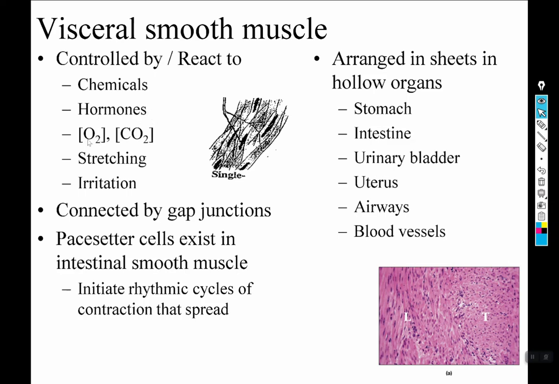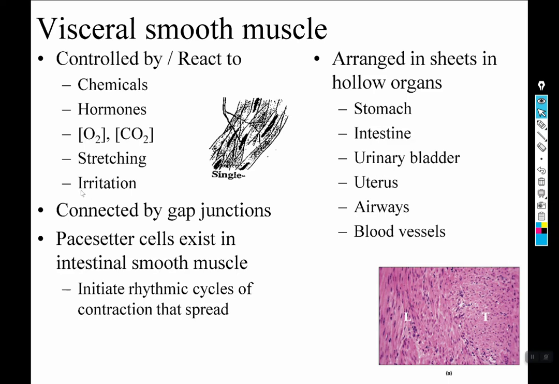The concentrations of oxygen and carbon dioxide also influence this, as well as other gaseous neurotransmitters like nitric oxide. Stretching also initiates this. So this is why the arrival of food in the intestine stimulates contraction to move that food into the next portion of your intestine, and also, unfortunately, irritation.